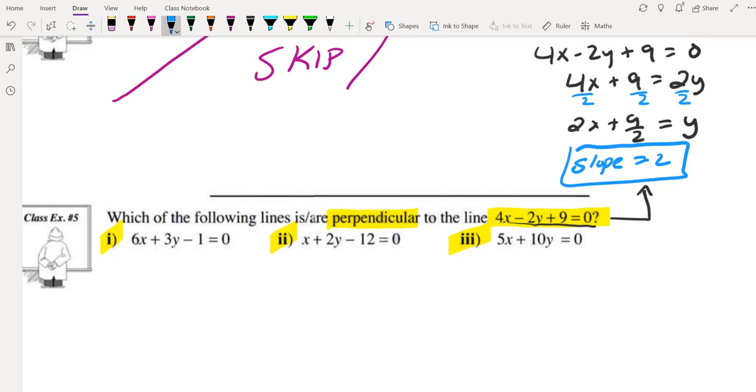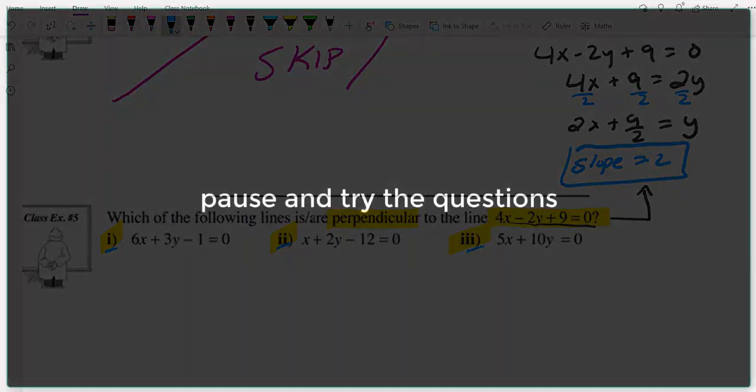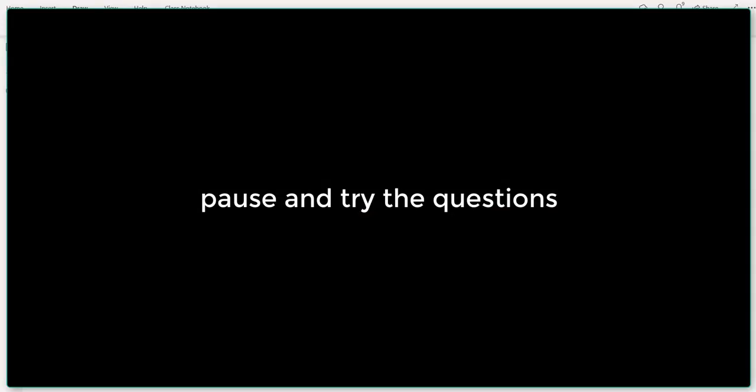So now we need to compare our slopes. Remember, lines are perpendicular if their slopes are negative reciprocals of each other. So I'll ask you to pause the video, find the slopes of lines 1, 2, and 3 and check to see if they're negative reciprocals of one another.